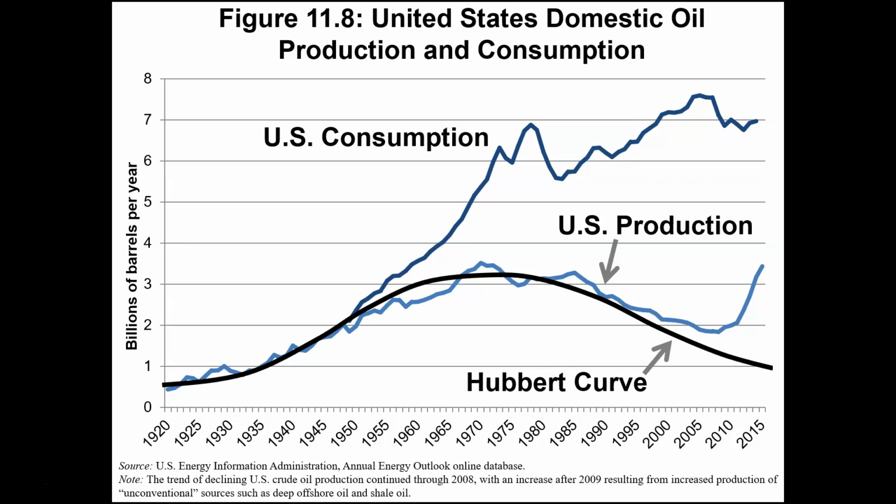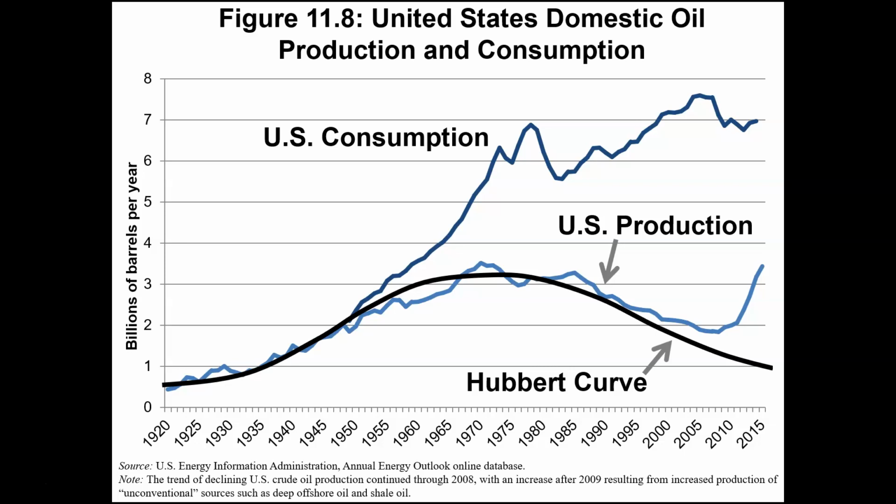In the very beginning, when we first discover oil reserves, we just start extracting, extracting, extracting, and we see that curve go up, the Hubbert curve, the dark black one here. At some point, we reach a peak of extraction as we start to deplete those oil reserves, and our oil production starts to come back down, according to that theory.